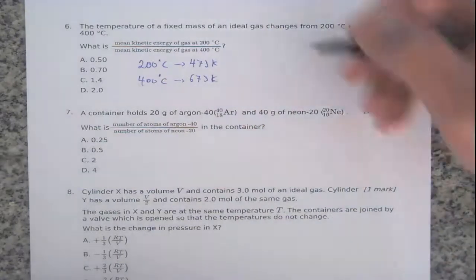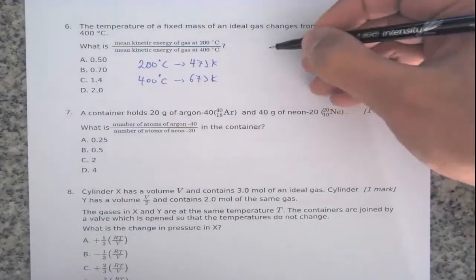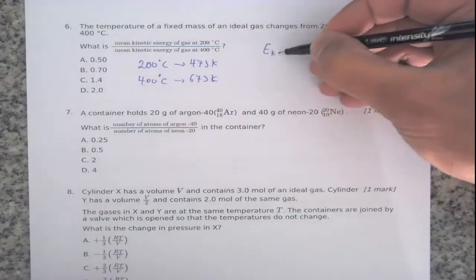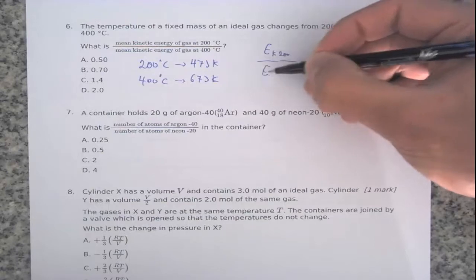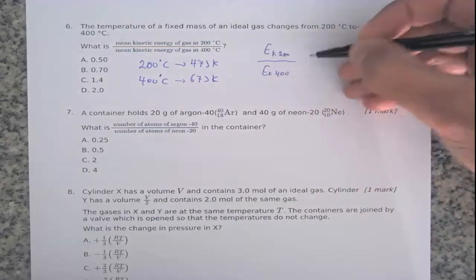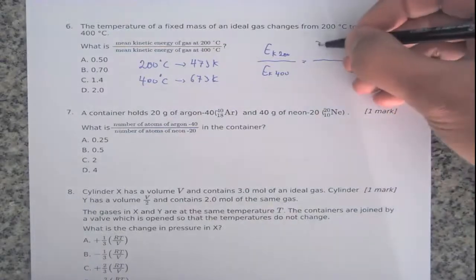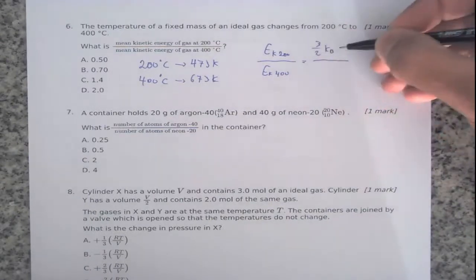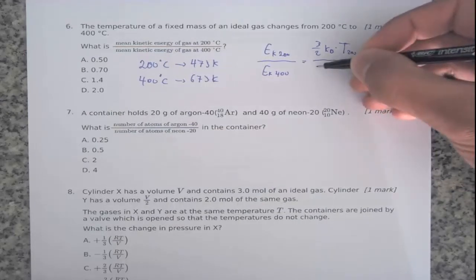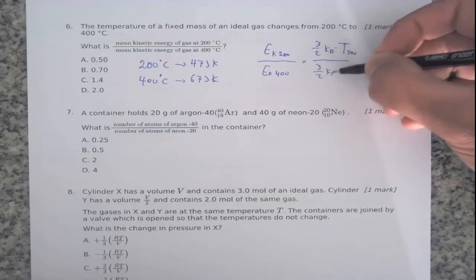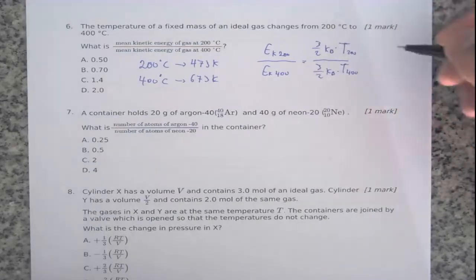And now you will use the formula of the kinetic energy. So you have the kinetic energy of the 200 degrees gas over the kinetic energy of the 400 degrees gas. Using the formulas here, you have 3 over 2 times Boltzmann's constant times the temperature of the 200 degrees gas, over 3 over 2 times Boltzmann's constant and the temperature of the 400 degrees gas.